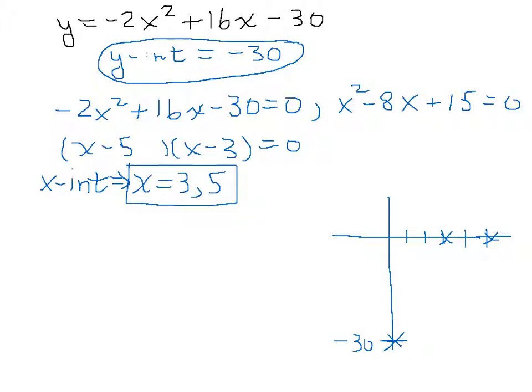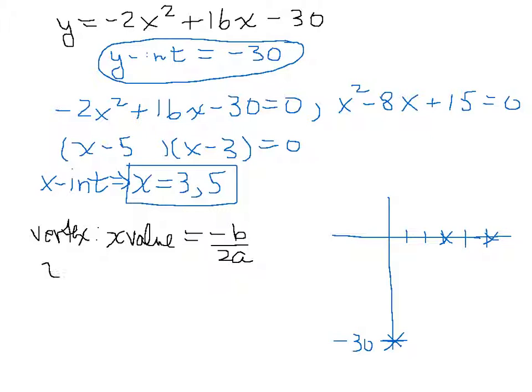So now what I want to do is find out what the vertex is. Now, what we didn't say before, but that we can say in a case like this, because putting something like this into graphing form can be a little ugly, for the vertex, the x value is always going to be minus b over 2a.